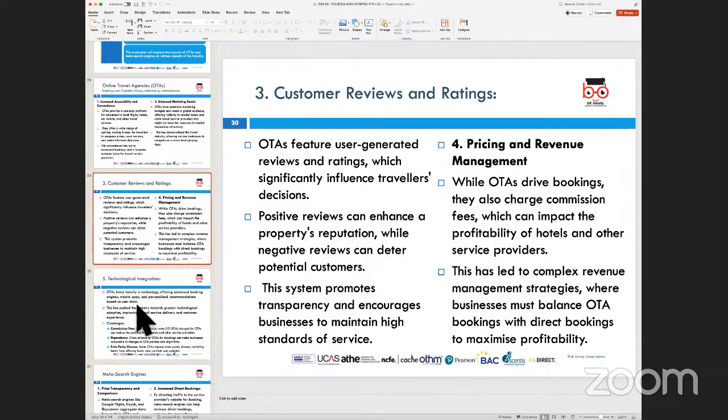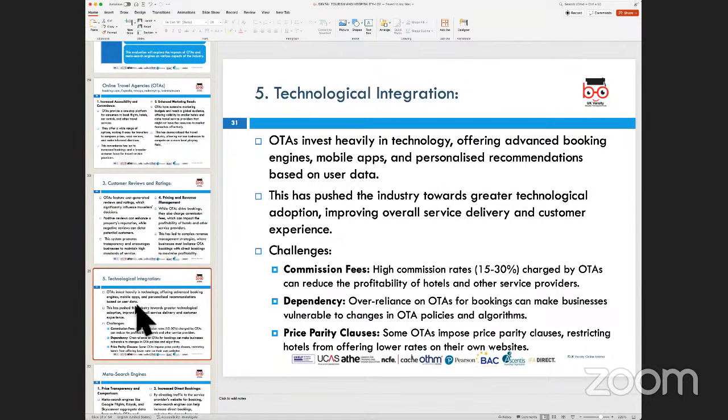And that is also being done using technology. So in internet marketing, we talk about the concept of search engine optimization, and that is also happening in the case of online travel agencies because they are putting the reviews upfront. They are putting the ratings given by the customers upfront.